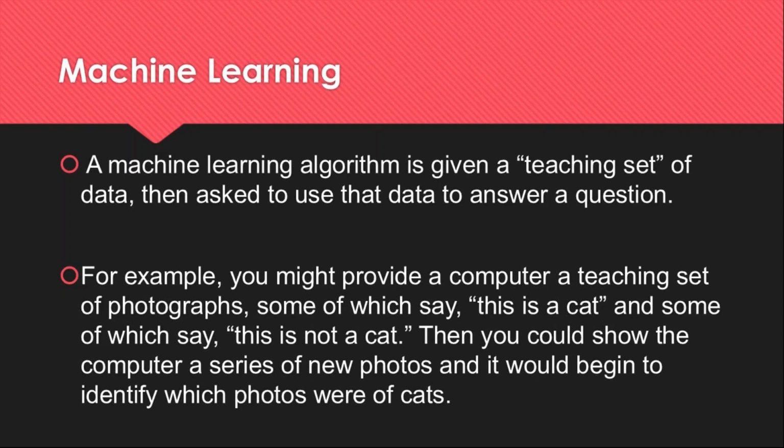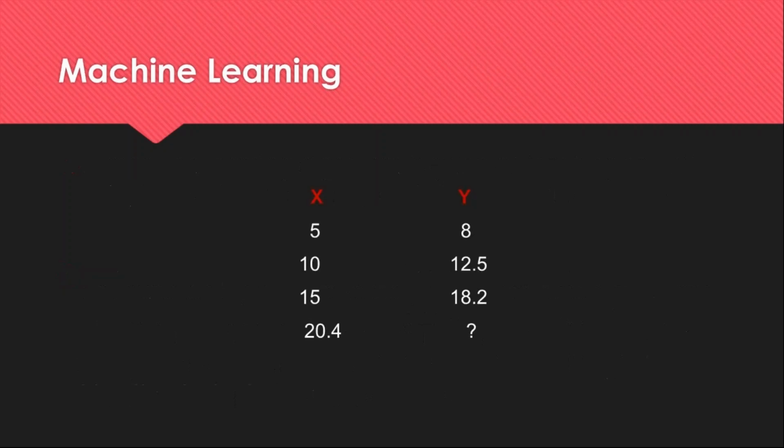We can give one example: there is a computer, and we teach it with a set of photographs to find out which is a cat and which is not a cat. After the teaching, when we give it a new set of data, it is automatically able to find which is a cat and which is not a cat.